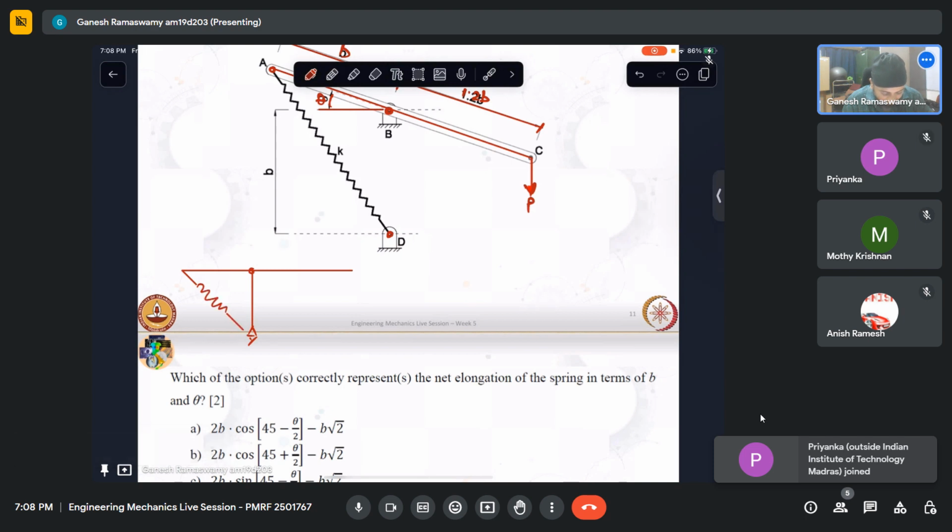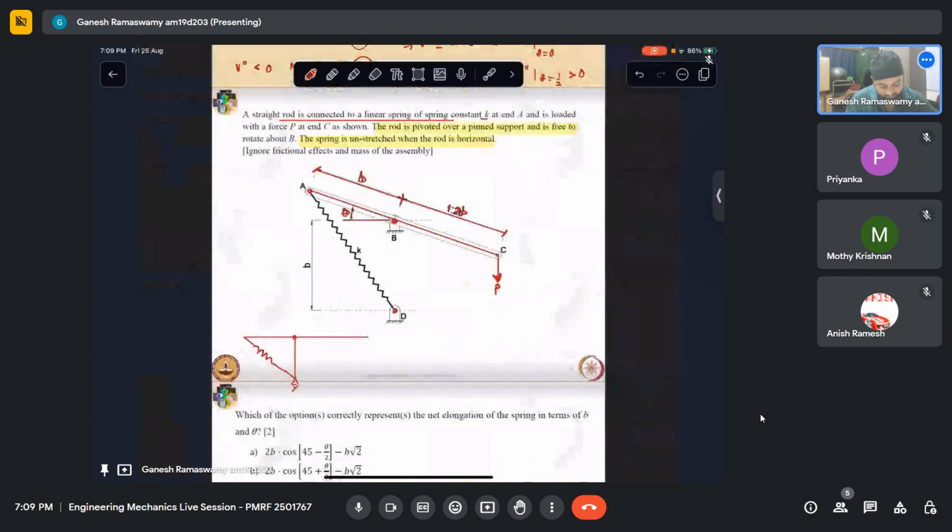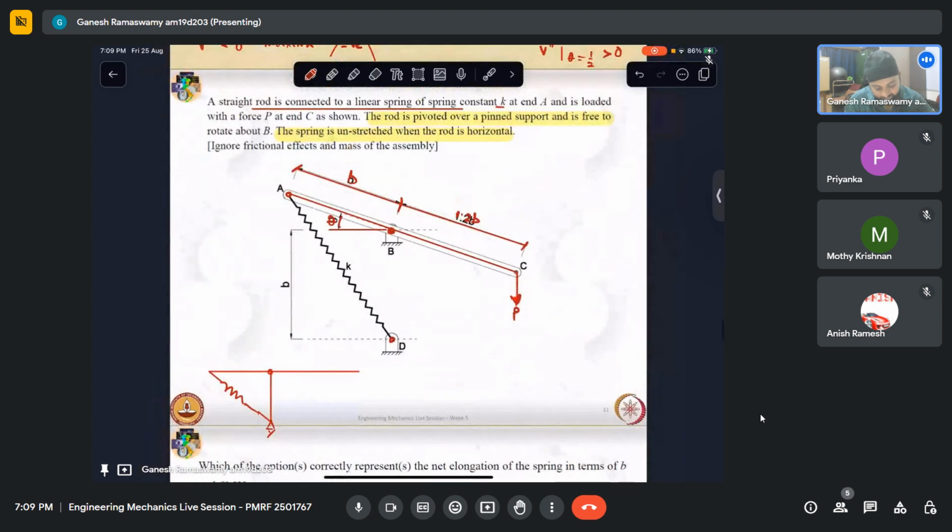I'm sorry, I can draw it better. It's like this, and then here I have that spring. So this is my unstretched configuration. This is when theta is equal to 0. And we have been asked to ignore the frictional effects and mass of the assembly. So let us go about looking at how to solve this problem.